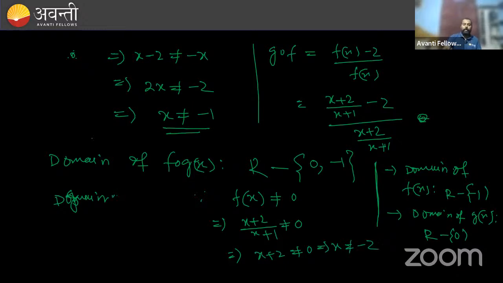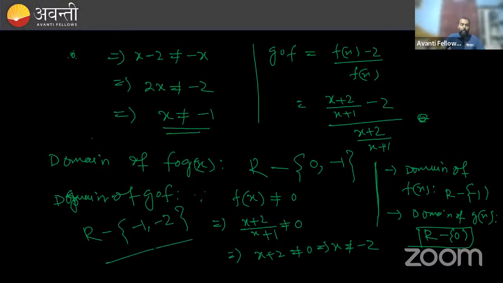So domain of g of f of x will be r minus, minus 1 does not belong to the domain of f of x, g of f of x, right? So minus 1 minus 2. So domain of GOF is r minus minus 1 minus 2. Okay, so this is the domain of GOF.